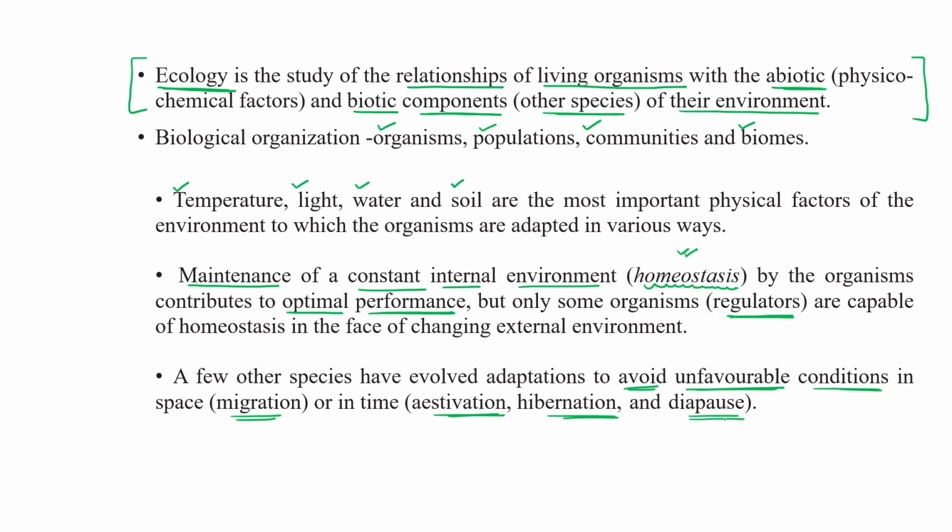Diapause occurs in insects only. Insects slow down their metabolic rate during their metamorphosis, the conversion from larval stage to mature one. That type of slowed metabolic activity is known as diapause. This is true for all those species who are not able to maintain their internal body temperature, so to avoid unfavorable conditions, they follow different pathways for survival.